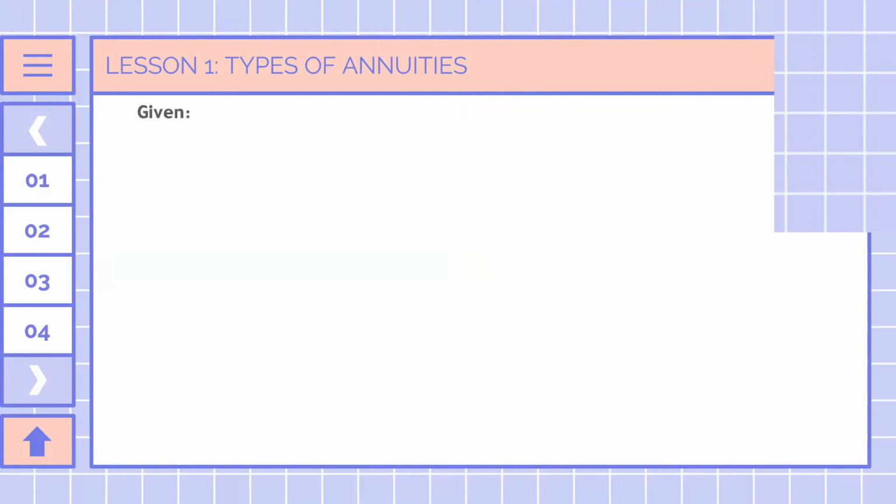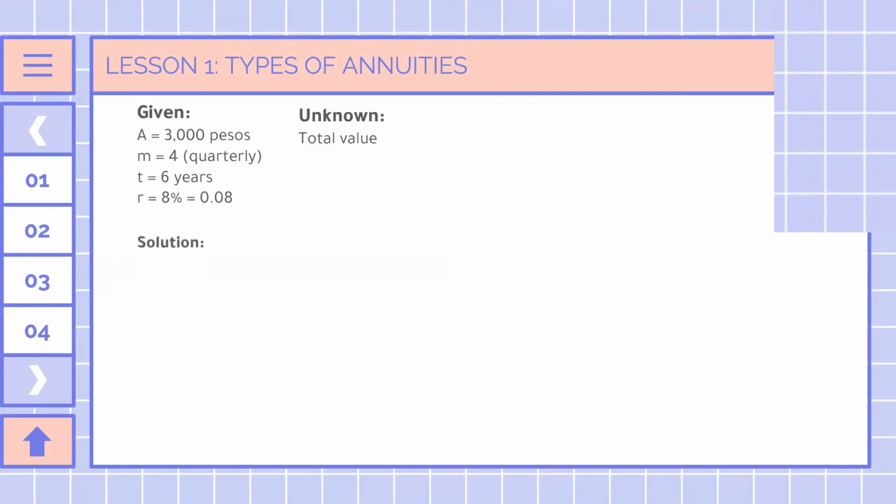So proceeding, the given is A is equal to 3,000 pesos, M is equal to 4, which is quarterly, T is equal to 6 years, R is equal to 8%, in which the decimal form is 0.08, unknown is the total value. So to get this, we must first get the value of n.